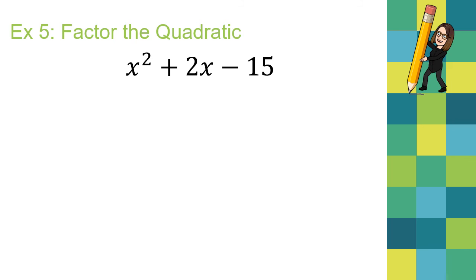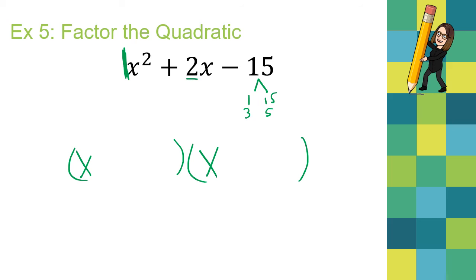All right, one more, bear with me. This one's different because of the signs. So first step, set up your parentheses because this is 1. Okay, this is just today's lesson why I'm filling in x and x. Factors of 15, 1 and 15, 3 and 5, and that's it. Let's see, 1 and 15 can't get me to 2.